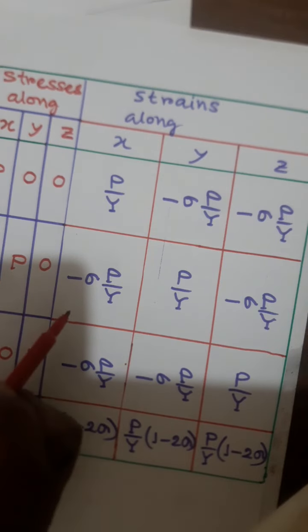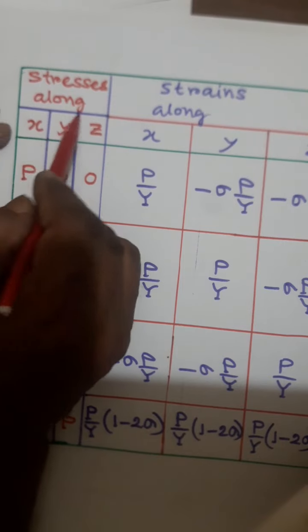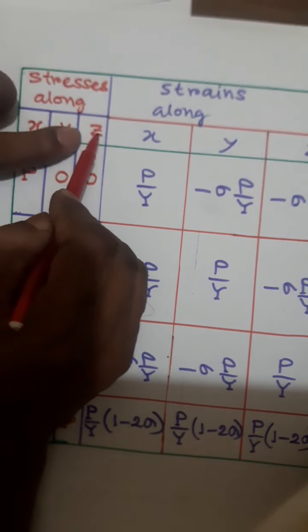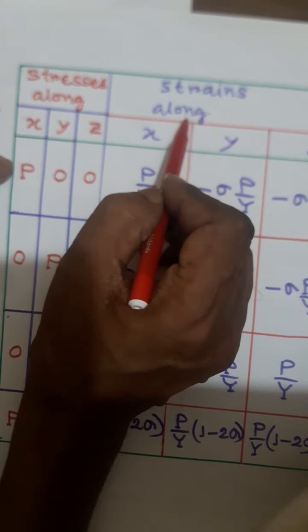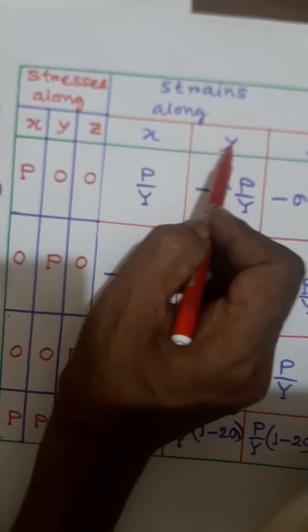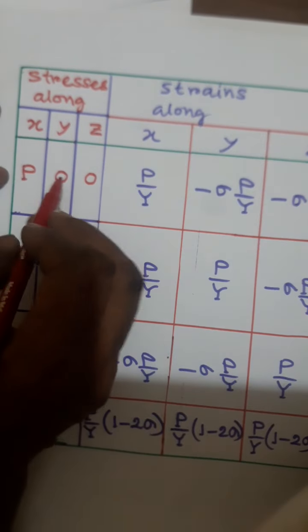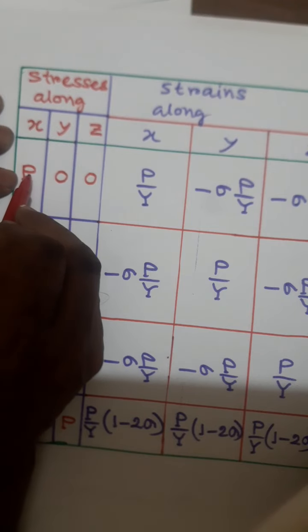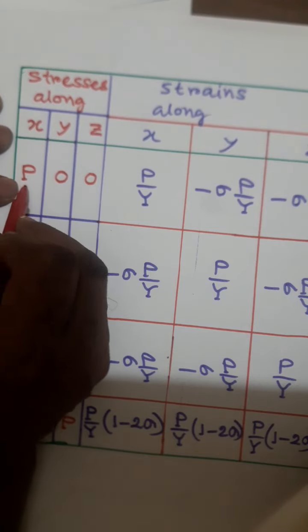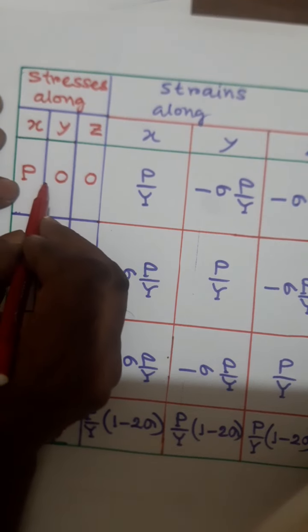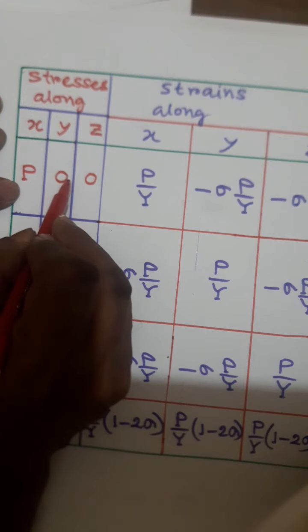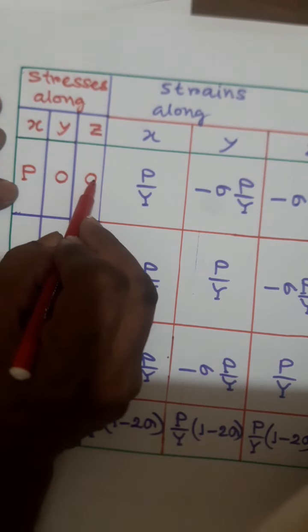Look at the table. The stresses along the x-axis, y-axis and z-axis, and the strains produced along the x-axis, y-axis and z-axis. First, the stress P is along the x-axis and no forces act on the other two axes.